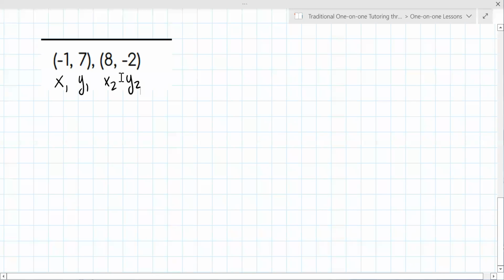Just give me the formula. Don't put the numbers in yet. You really want to write the formula before you start substituting. It's y2 minus y1 over x2 minus x1. Yes.